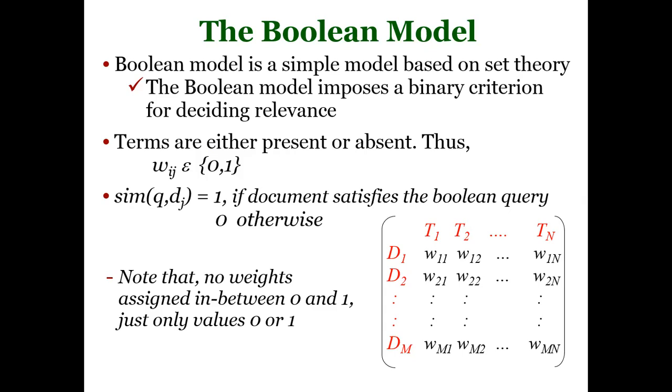So applying binary weight means knowing the presence and absence of a given term or word in a given document. First, as we said earlier, the term-document matrix is constructed, and then the intersection points between terms and documents, the cells, are labeled with zeros and ones. If term 1 is appearing in document 1, W11 is 1. If term 2 doesn't appear in document 1, W12 is 0.